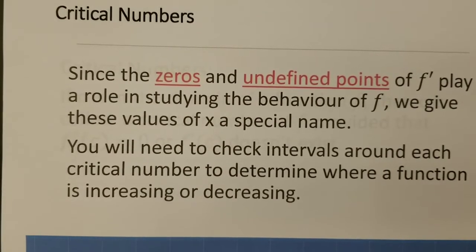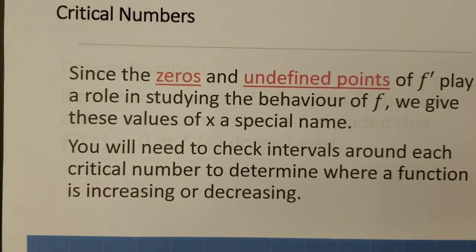So these critical numbers are basically anywhere that f prime would equal 0 or where f prime is undefined. And we're going to check the intervals around each of those critical numbers to determine where it's increasing or decreasing.